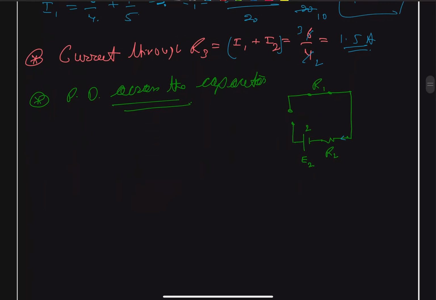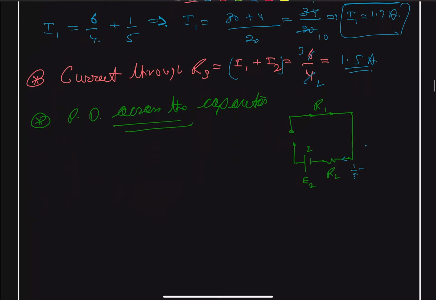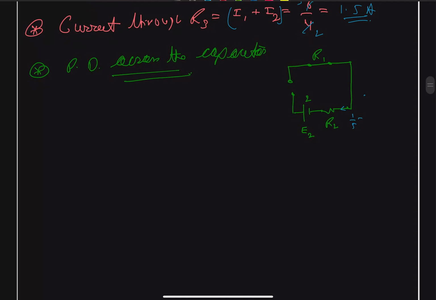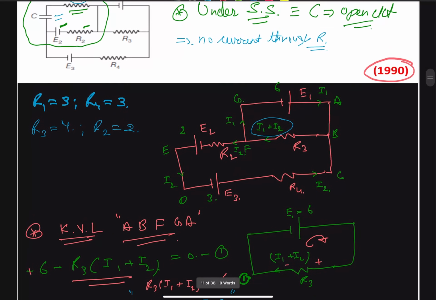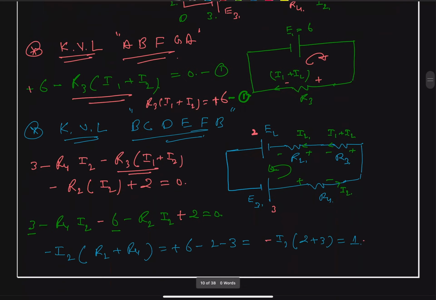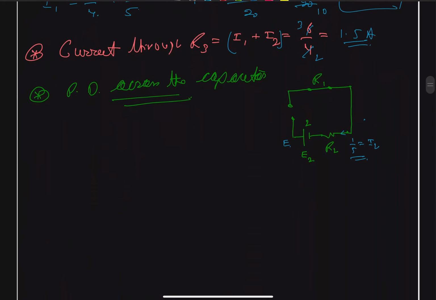Okay, so here we have our 1 upon 5, that is our I2. Therefore, this was our point E, and we were having E, F and G. So this point was our F and this point was our G.